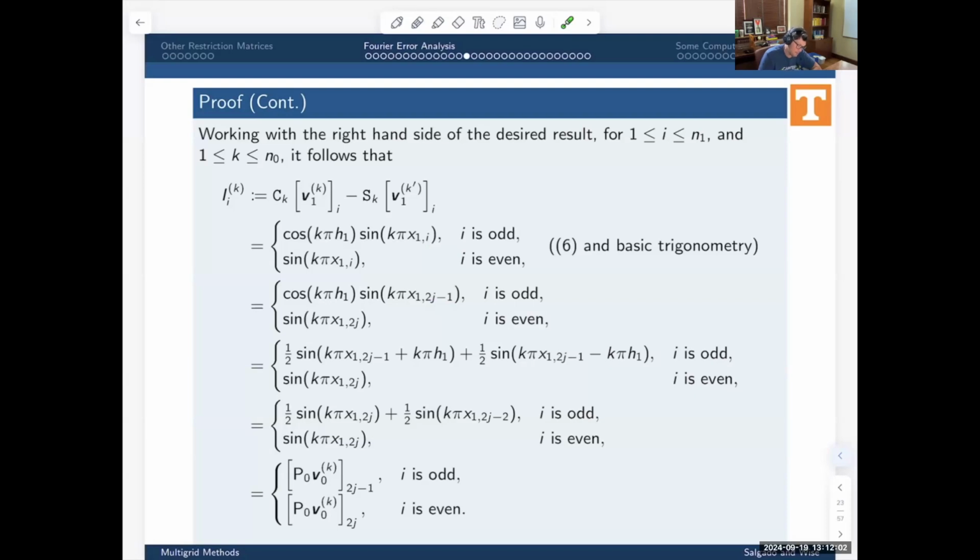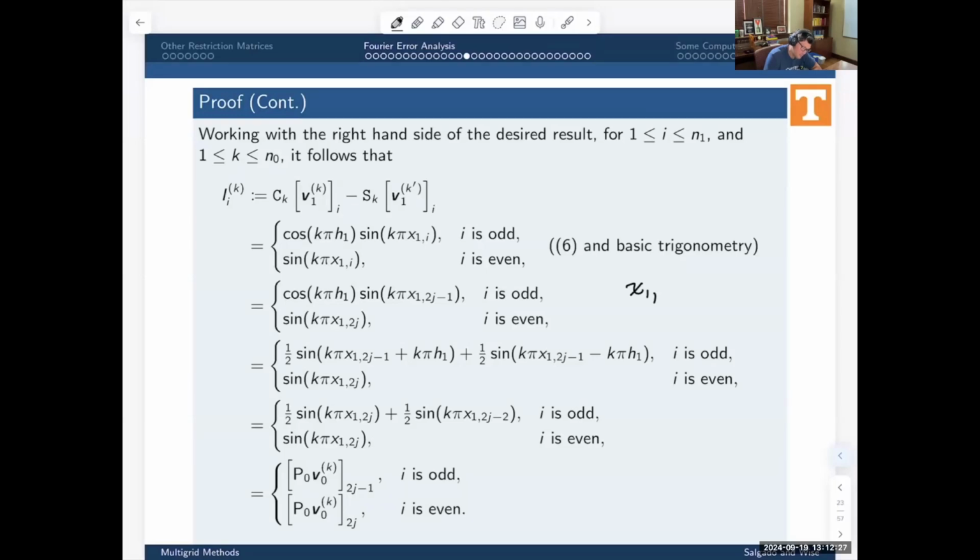Next thing I want to do is use a sine angle addition formula again to operate on this. What I can do is use the sine angle addition formula with respect to this here.